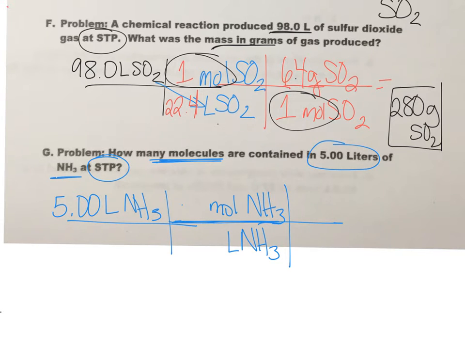Okay, filling that in. I know 1 mole is 22.4 liters. I'm going to bring words down to the right again. I'm going to end with particles. Molecules. Whoopsie. Sorry.